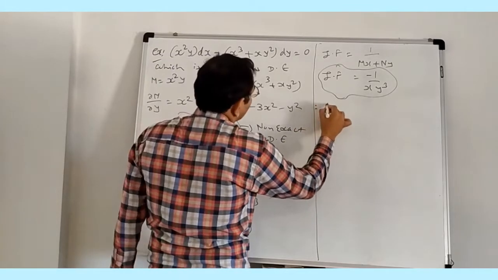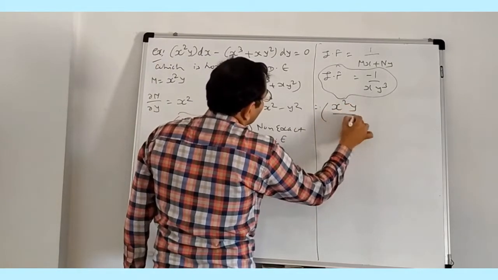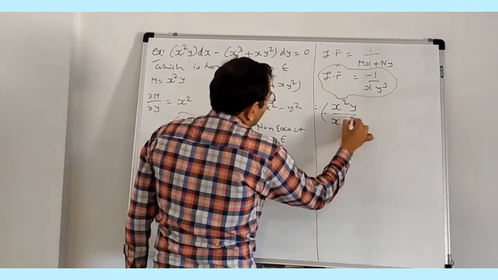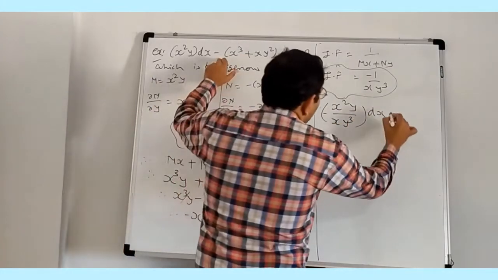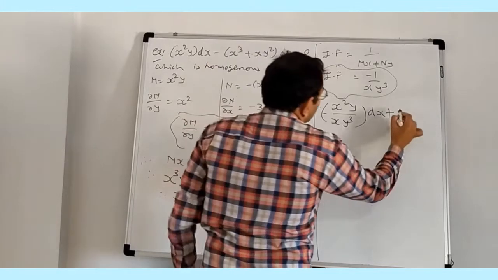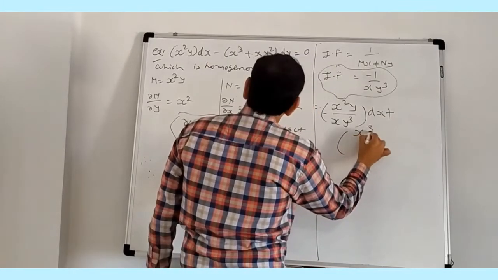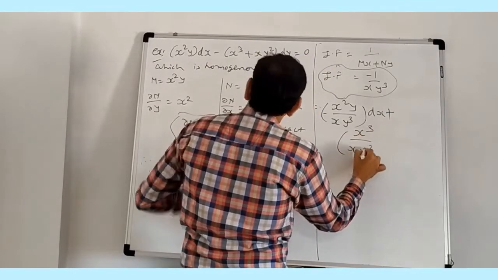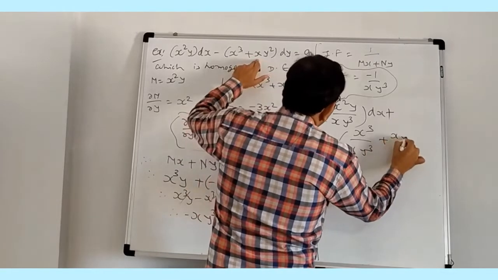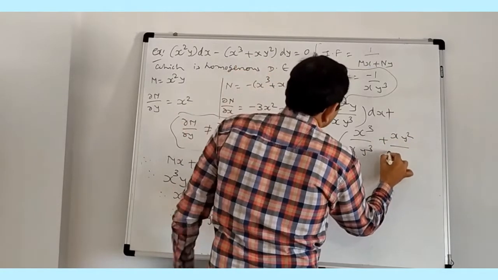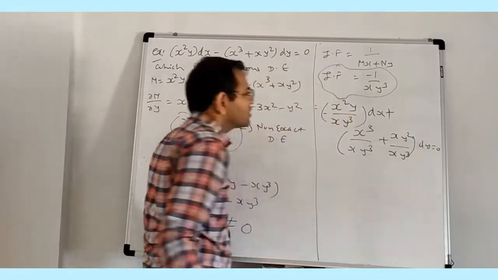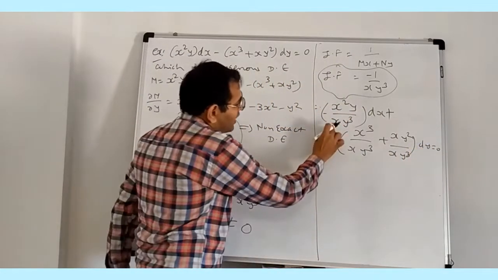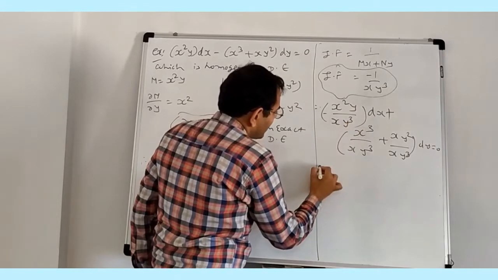Then we get the exact differential equation, minus, minus, plus, then x cube upon xy cube plus xy square upon xy cube dy equal to 0. Simplify this term. X cancel, y cancel.